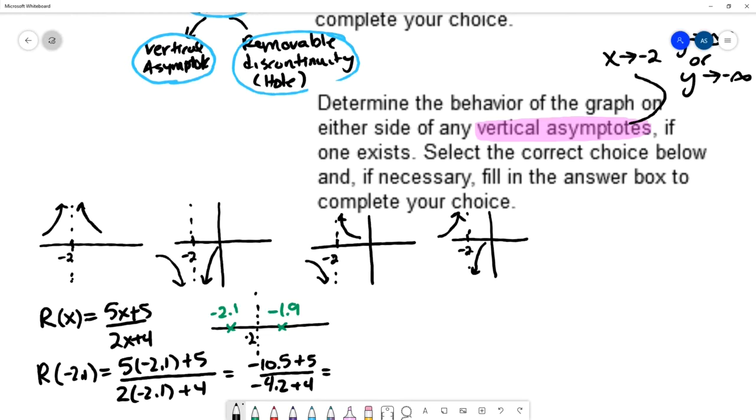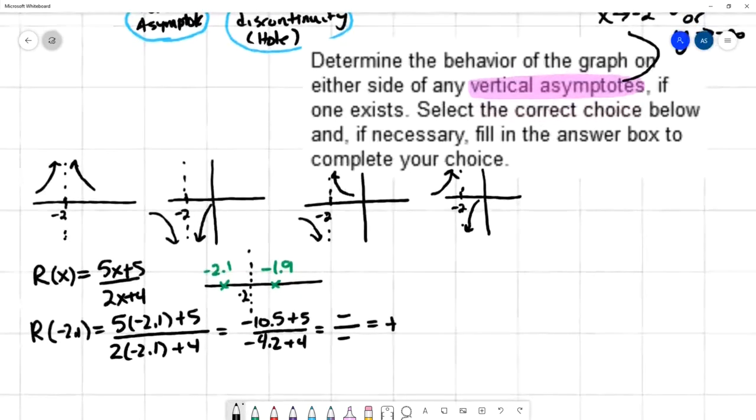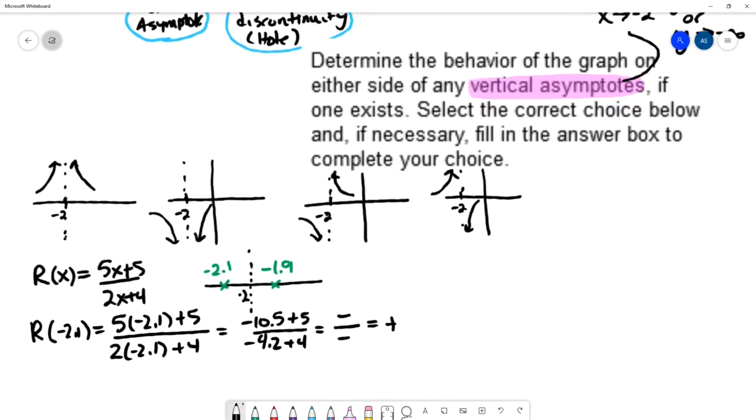And really the important part here is whether it comes out positive or negative. So we've got a negative in the numerator and a negative in the denominator, and negative divided by negative is positive. So now I know, because that came out positive, that on the left-hand side, I'm going to be approaching positive infinity.